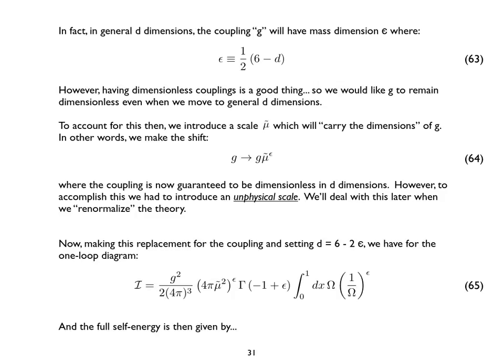So what we did was we rescaled our coupling when we moved into these arbitrary d dimensions. We shifted the mass dimension into some unknown parameter, mu. It's some unphysical scale, doesn't correspond to anything physical, but we just move it off into that mu.